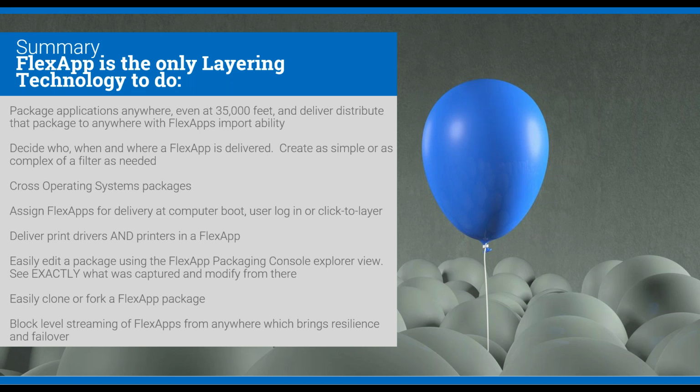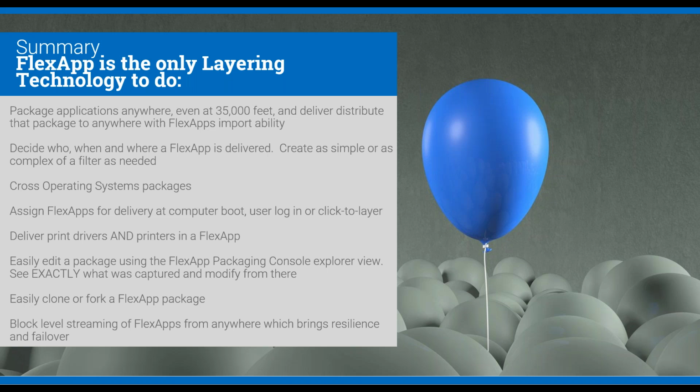And new with 6.8, and I'll touch on this a little bit more in a little bit, if you're familiar with App-V and other apps, they can do block level caching of applications on the endpoint. FlexApp can now do that as well. What does this add to FlexApp? Well, from an application standpoint, the user is running everything locally.